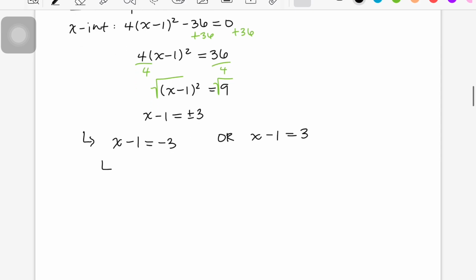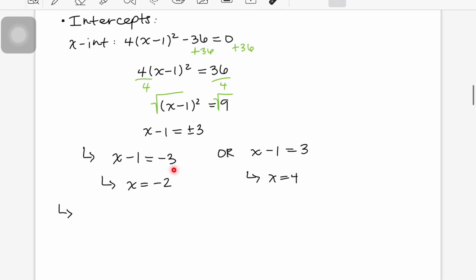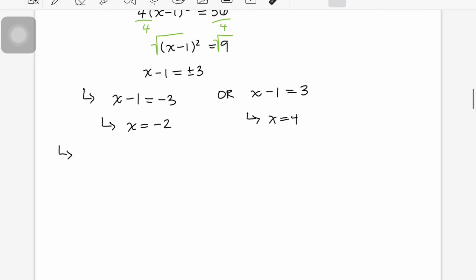So in this case, x is going to be equal to -2, and in this case, x is going to be equal to 4. So this tells us that these are the two x values that if we were to plug into our function would result in 0. So our x-intercepts are (-2, 0) and (4, 0).